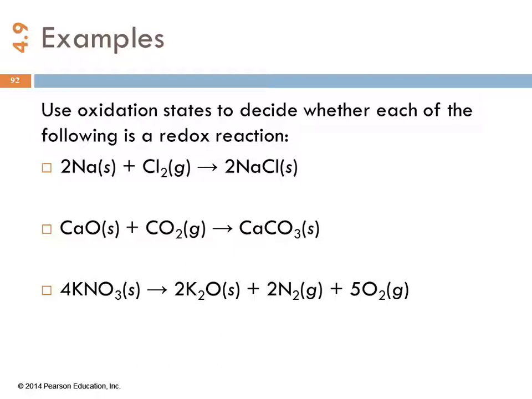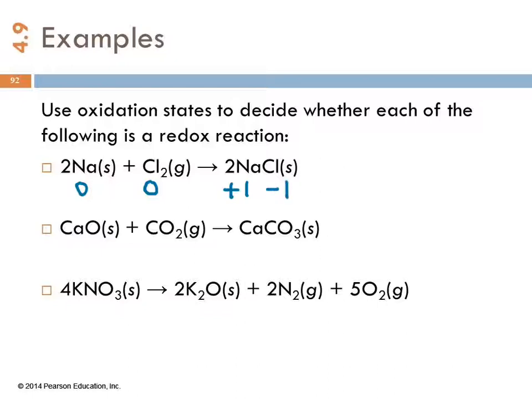Okay, so in the first one, we need to look at the oxidation states of the reactants. What's the oxidation state of sodium? 0. It's an element. And how about chlorine? 0. It's an element. And in the products, the sodium has what oxidation number? +1. And the chloride has -1.